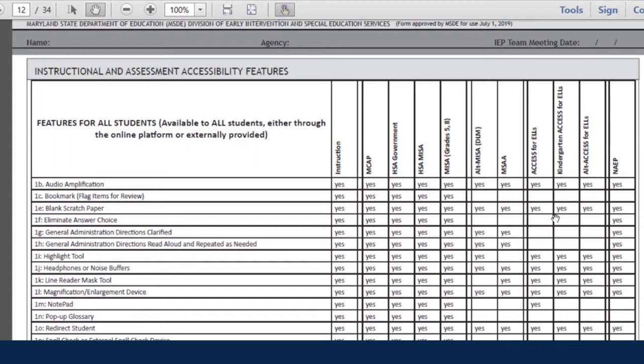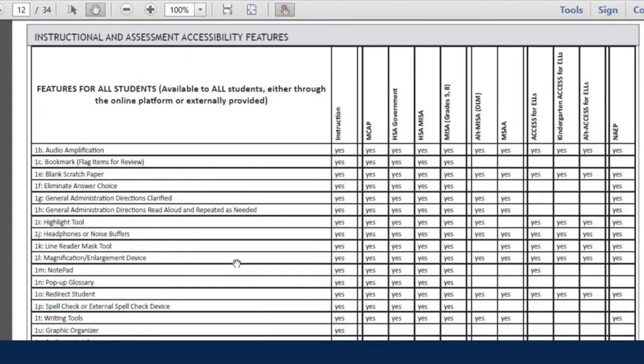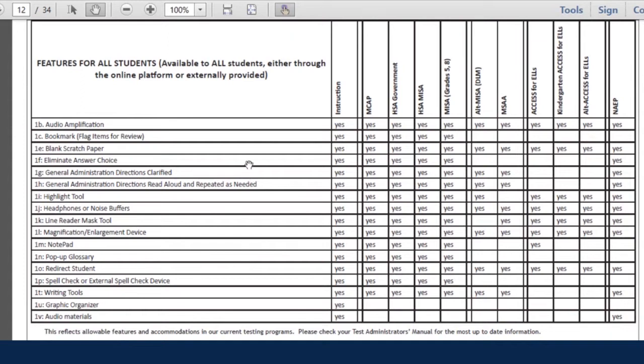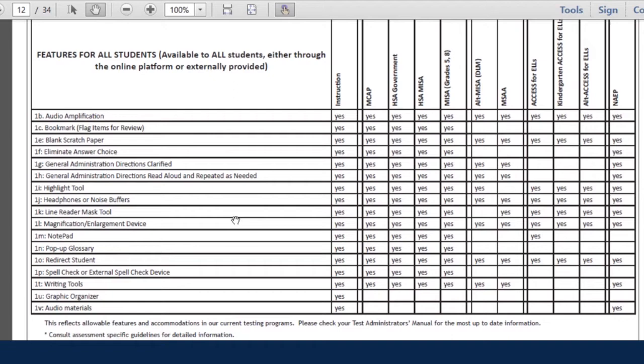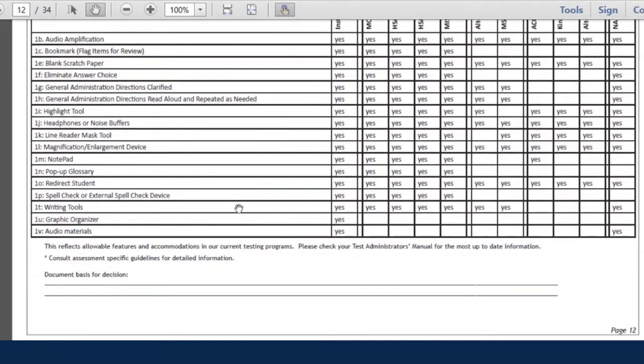So for example, as we start looking at instructional and assessment accessibility features, if you look through these different options, you may recognize something and say, oh, that might be really helpful for my son, or I think my daughter would benefit from having this support or this service. You can request it. So put it on your IEP action plan so that the next time you have an IEP meeting, you can remember to ask for that support or service.